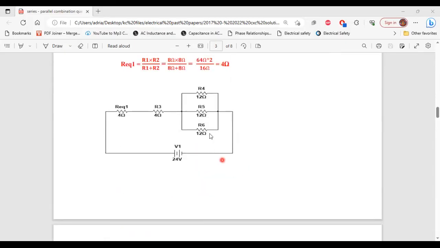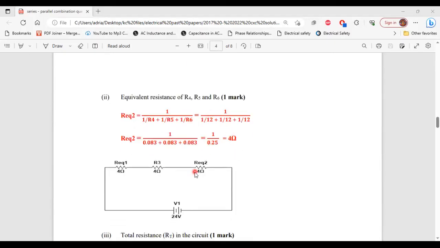So again, we need to redraw this circuit and replace these three resistors with their equivalent resistor value of 4 ohm. So here we have the circuit with the three resistor values being replaced with their equivalent resistor value of 4 ohm. All right, so that's it for part two.